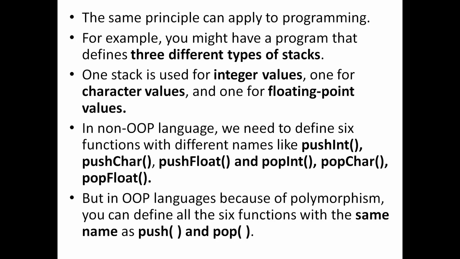So you can legally implement 3 different functions with the same name. Push will work even when you implement 3 different versions of push, and similarly you can implement 3 different versions of pop.